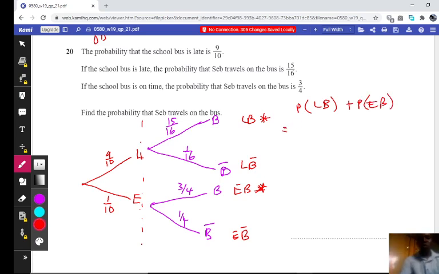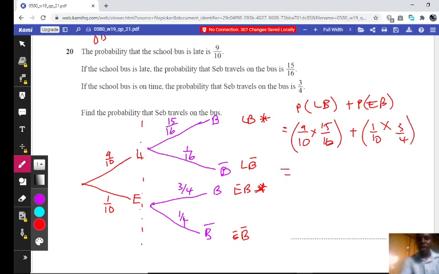It is equal to late and travels on the bus, which will be 9 over 10 times 15 over 16, plus early and travels on the bus, which is 1 over 10 times 3 over 4.